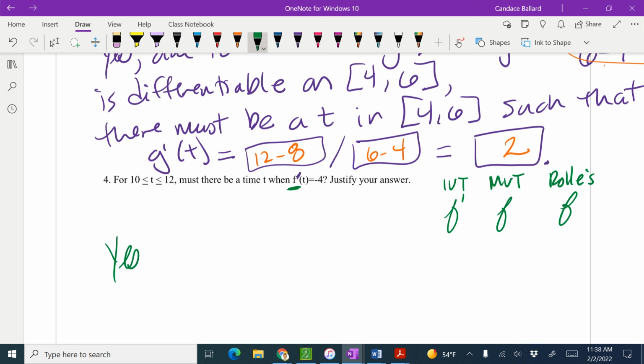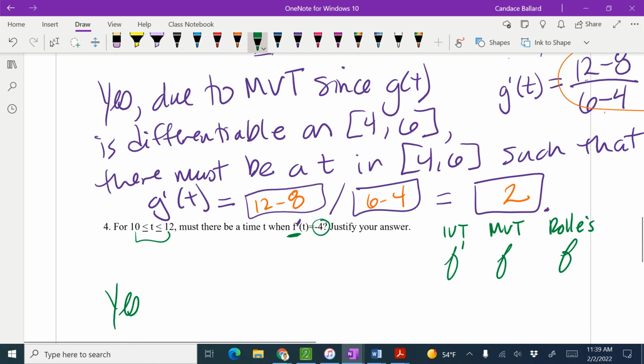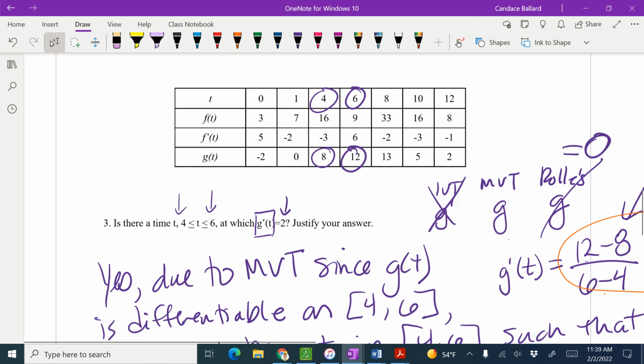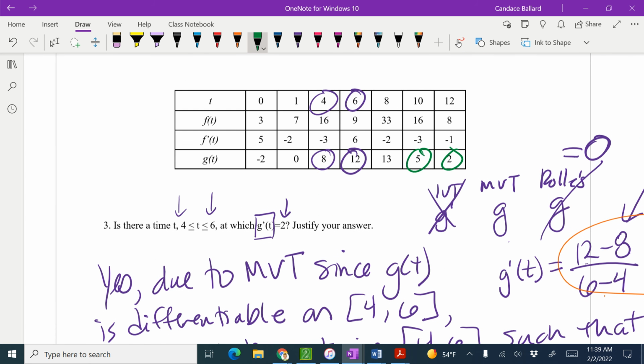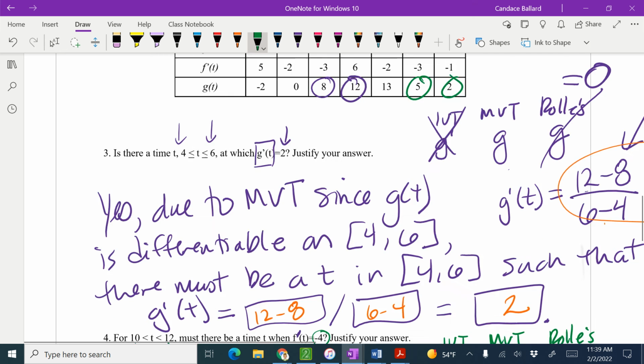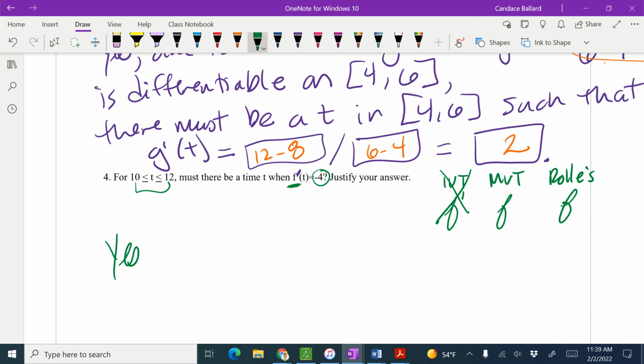If this is IVT, on this interval, -4 should be between the values. We can't eliminate based on what's there right now, so I'm going to go back to my table and look at 10 and 12. Is -4 between those values? No. So we would not be able to prove IVT. That knocks that one out. Does that make sense?